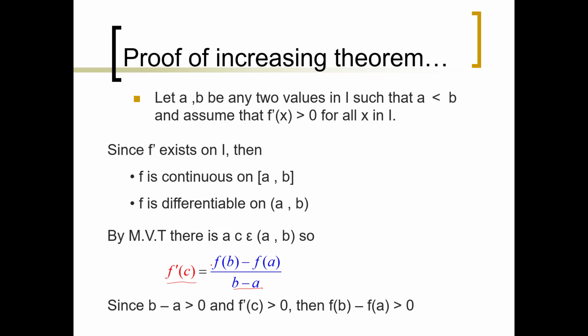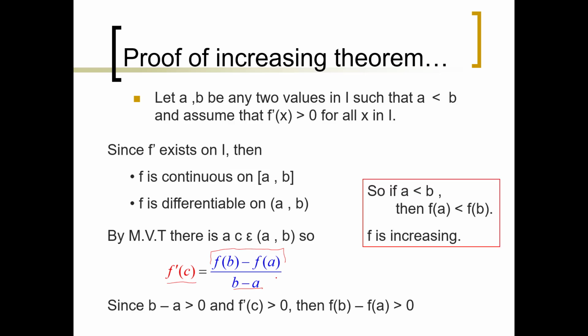The only way that's true is if f of b minus f of a is also positive. But that means that f of b must be more than f of a. Putting it together, if a is less than b, then f of a is less than f of b. f is increasing.